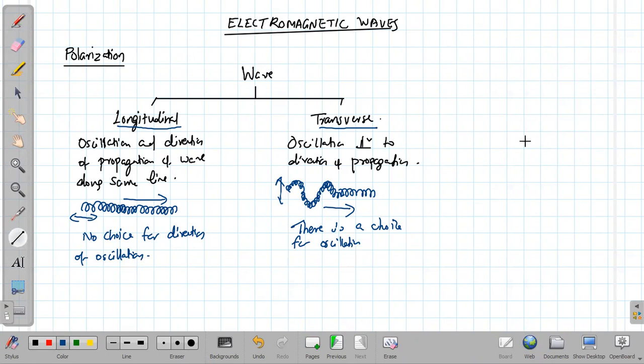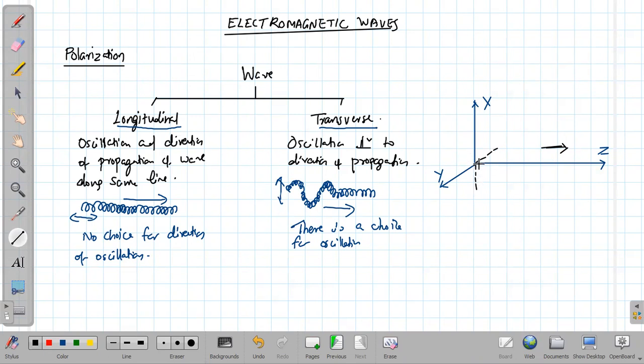So for that, better we can assign some directions: X, Y, and Z direction. And we have a wave propagating towards that direction. So the oscillation can be along different directions.